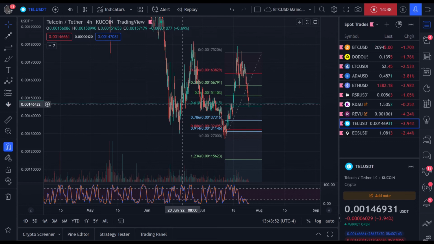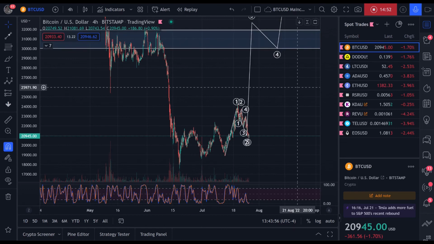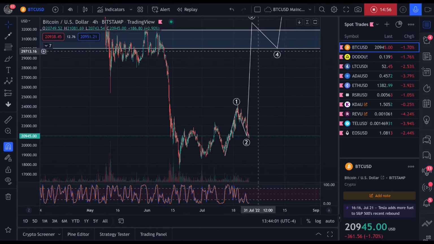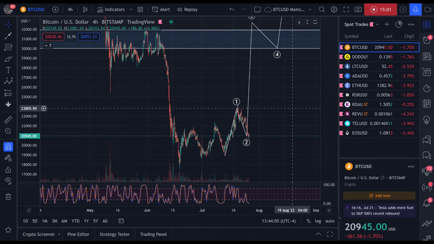Now, last point I'll make. What about the whole new moon thing and the fact that it's likely that we reach a top on the 28th? Because that's the next new moon, and typically, statistically speaking, markets tend to reach local highs on new moons and local bottoms on full moons.